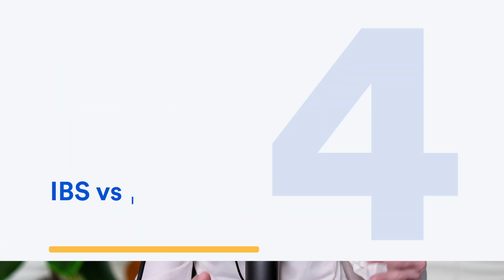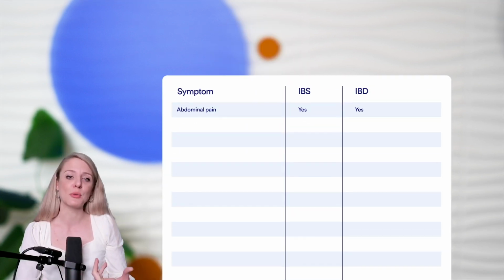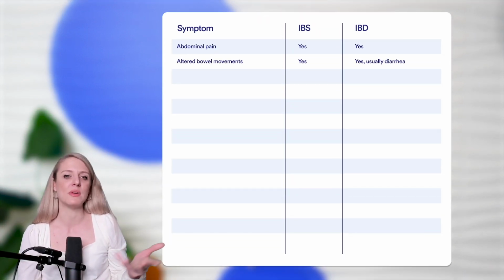Now, this is the part of the video that all of you people out there that have been Googling your symptoms have been looking forward to, where we talk about the differences between IBS and IBD symptoms. And one thing I want to point out is that there's so much overlap on the IBS side of things that there's really not many symptoms that can occur in IBS that can't also happen in IBD. So those which can be shared traits are things like abdominal pain, altered bowel movements.